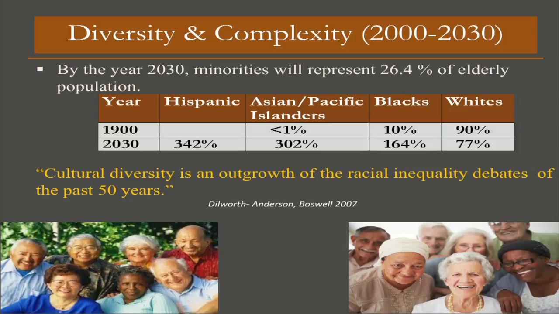Again, as we look at the chart and history, in 1900, the majority of elders were white individuals, and if you look into 2030, the diversity has actually taken over racial inequality that has been the topic of a debate in the past 50 years.